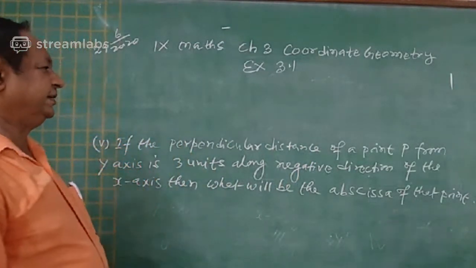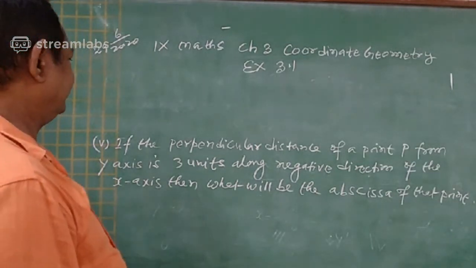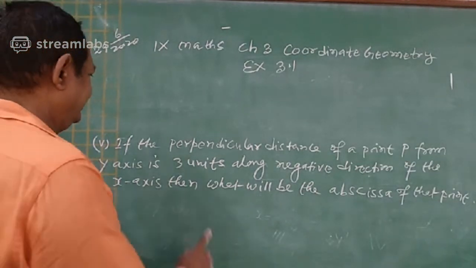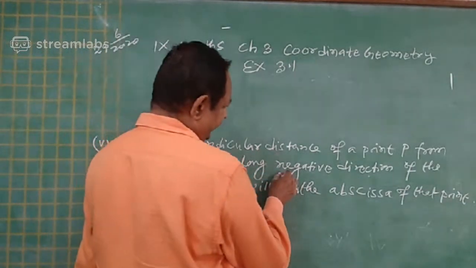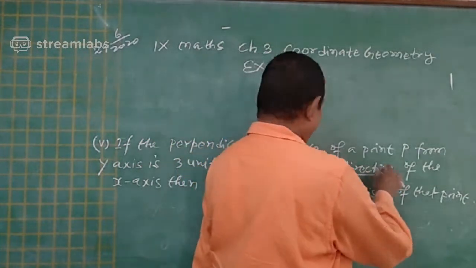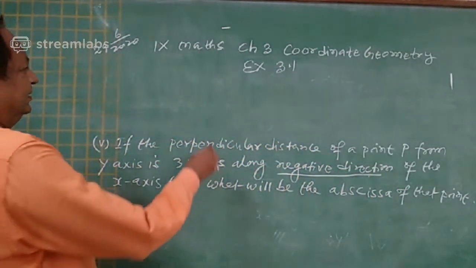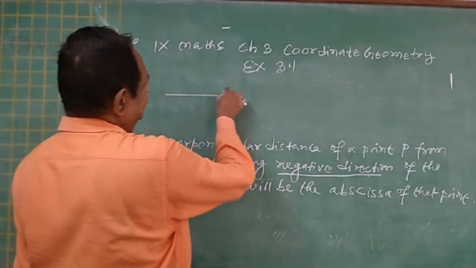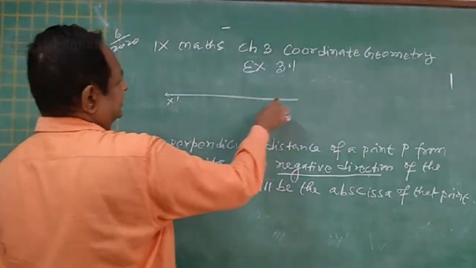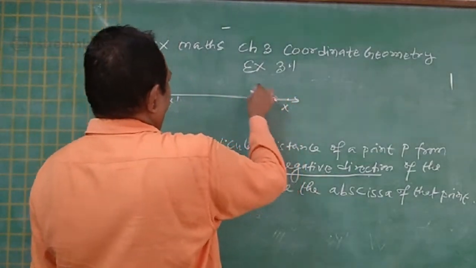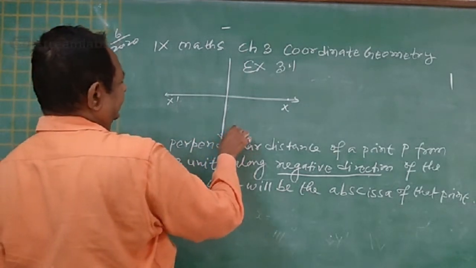This is x-axis, horizontal line, x dash x, and this is vertical line, y dash y.